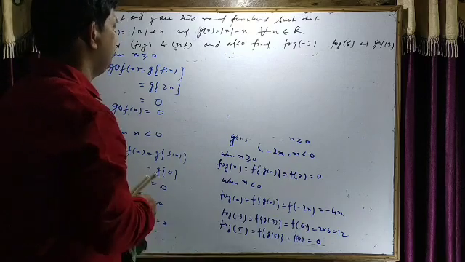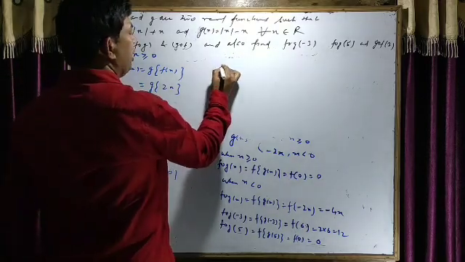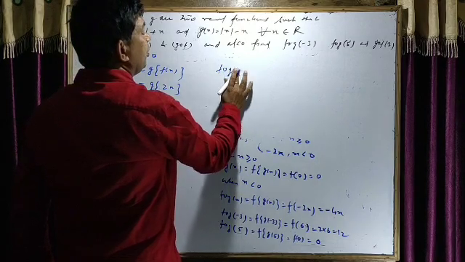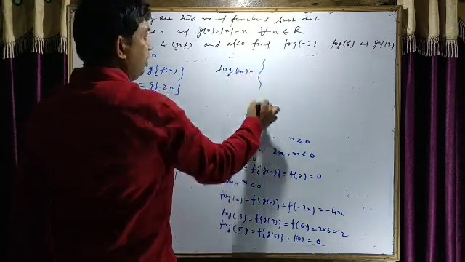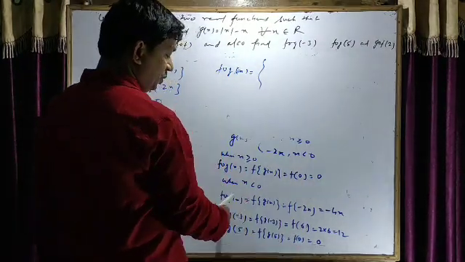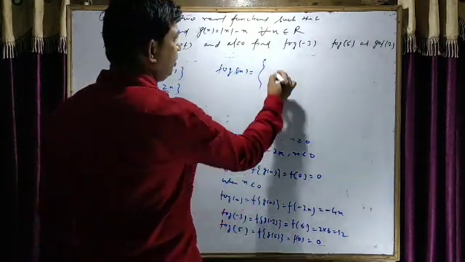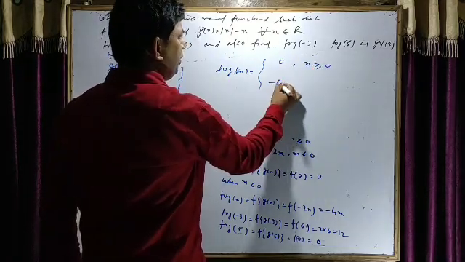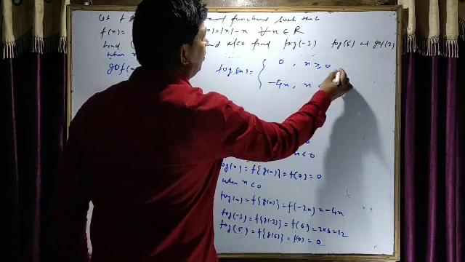Now, regarding fog of x, it contains two answers. One is 0 when x is greater than or equal to 0, minus 4x when x is less than 0.